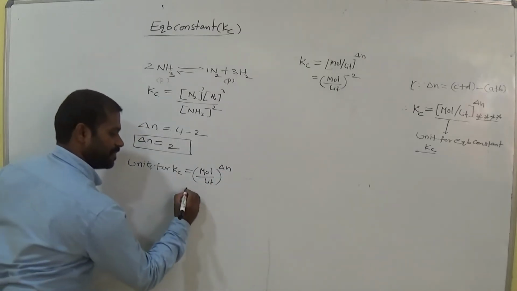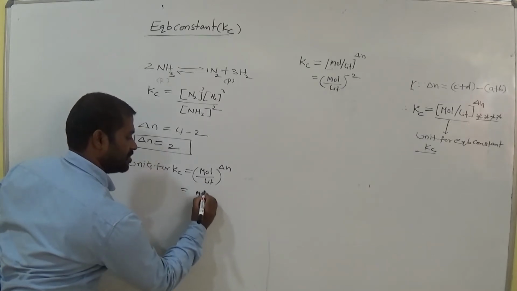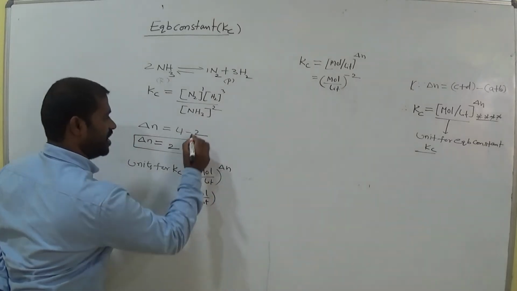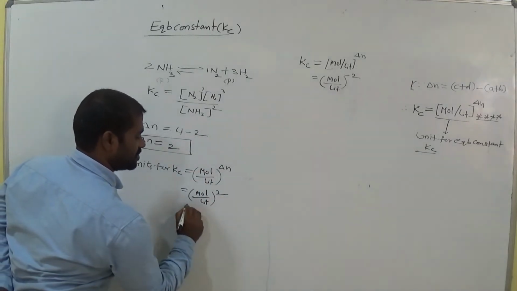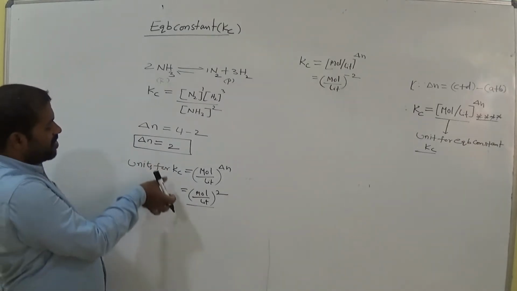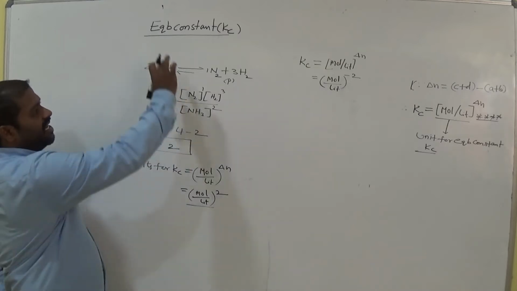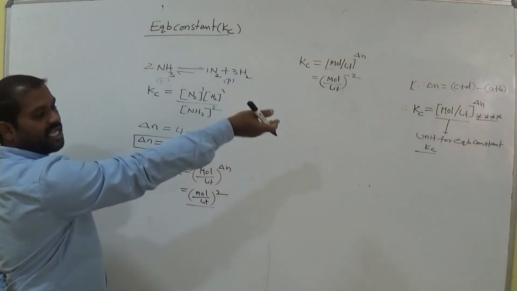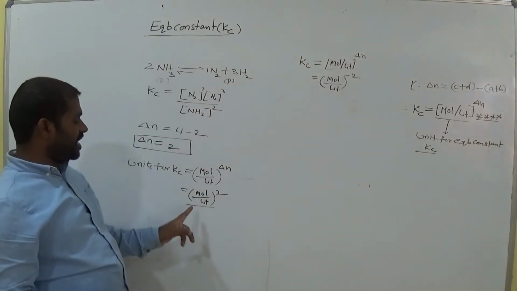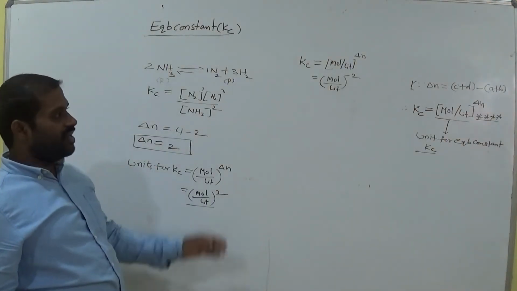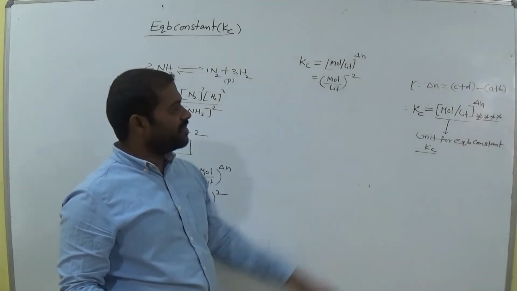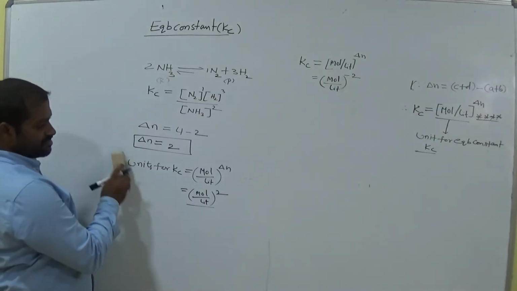Am I right? What is the value of delta n? 2. So mole per liter whole power 2 is the unit for the equilibrium constant for this reaction. This is the decomposition of ammonia. The first equation is formation of ammonia. So in the decomposition we get mole per liter whole power 2, whereas in combination we get mole per liter whole power minus 2.